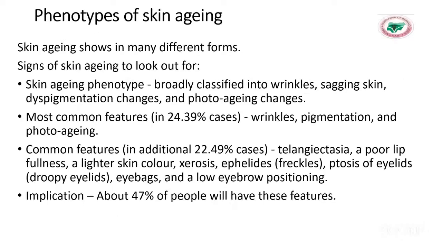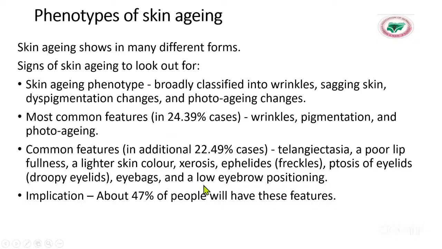Then aging occurs in different forms. I'm talking about the phenotypes of skin now, the physical features of skin. The signs to look for have been broadly classified into two types. I'll speak about them later.